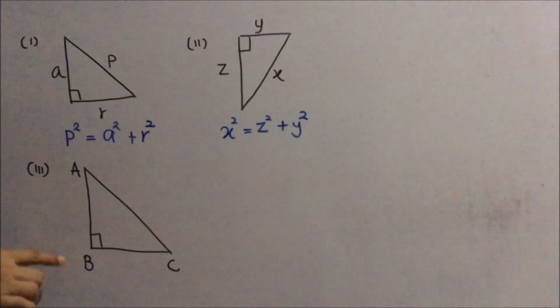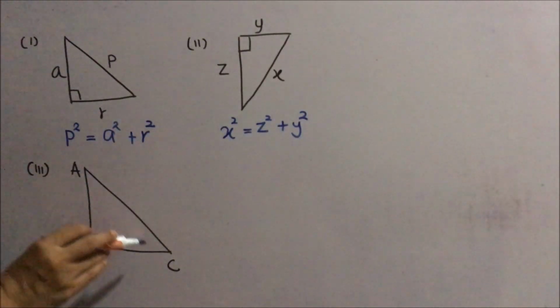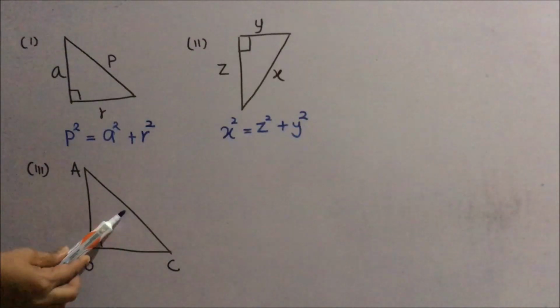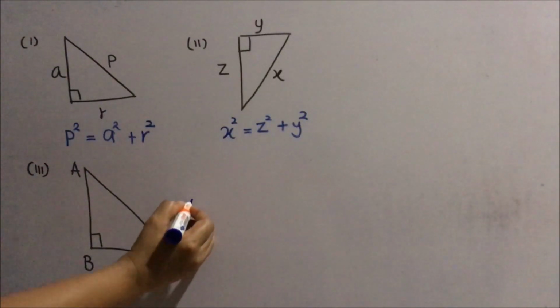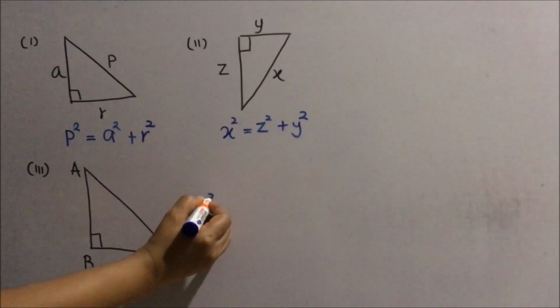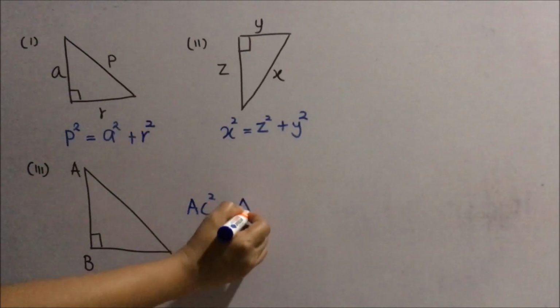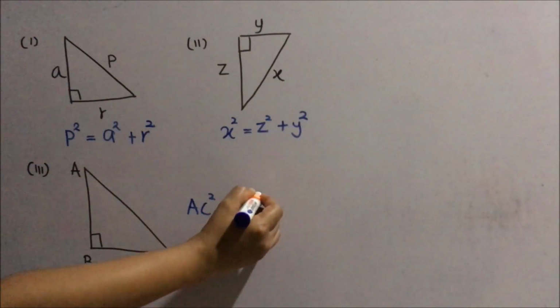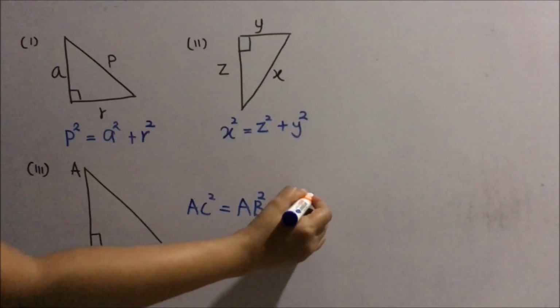In this ABC triangle, the hypotenuse is AC, the side opposite to the right angle. Then AC square equals AB square plus BC square.